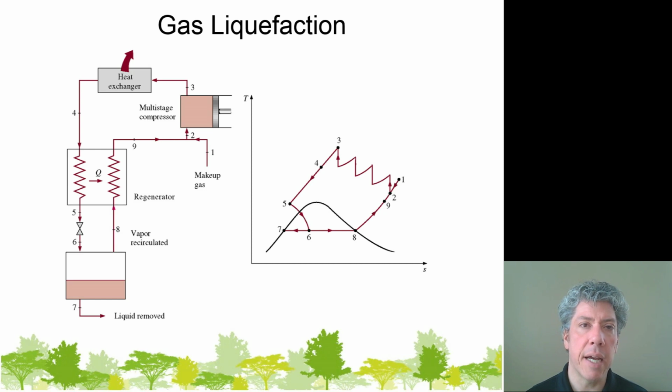But since the gas is at a relatively high pressure and a relatively high temperature, we could cool it if we had some cooled down refrigerant already. In other words, if we had somehow managed to liquefy out some air, the vapor that remains in equilibrium with the liquefied air would be at a relatively low temperature.